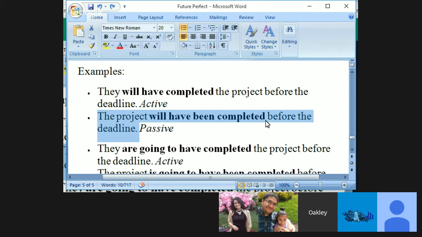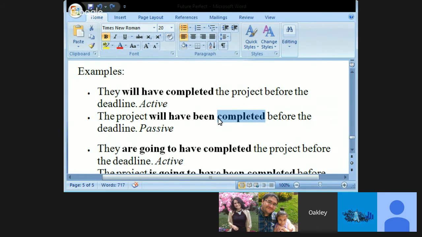All passives, all of them, in every verb tense, every passive form of every verb tense, simple, continuous, perfect, perfect continuous, all forms, the main verb will be the past participle, always, without exception.